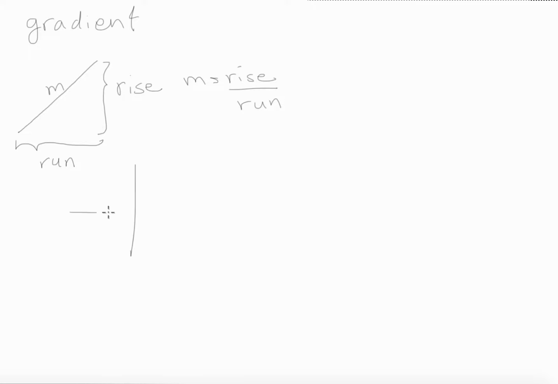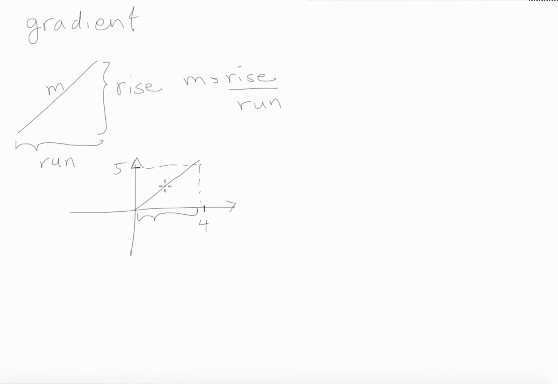If I was to quickly represent what that means, let's say I have a line here, and this is 4, this is 5, this is another very accurate graph. But let's say this is the kind of line that I have. If I want to find the gradient of this line, firstly I ask, what's its run? That's 4, because that's the amount that it has gone over in the x-axis.